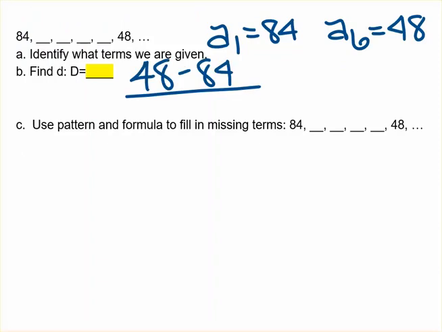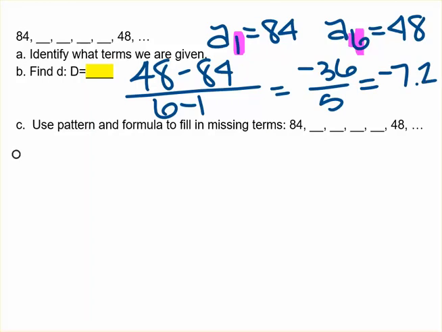And on the bottom, we're going to take 6 minus 1. Figure out how many spots we counted up. We have negative 36 divided by 6 minus 1, which is 5. And our difference is negative 7.2.